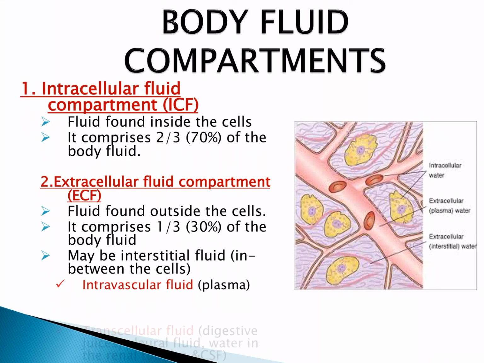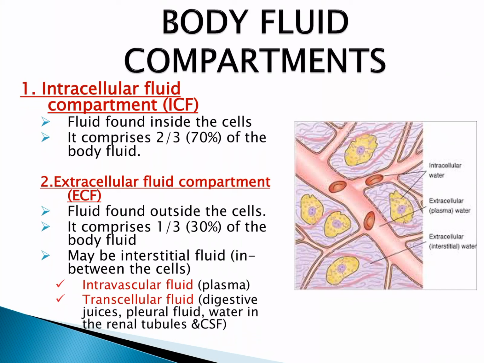We also have your transcellular fluid. These are your digestive juices, pleural fluid, water in the renal tubules, and your CSF or cerebrospinal fluid. So remember, in your extracellular fluid compartment, there are three categories under that: your interstitial, intravascular, and your transcellular.